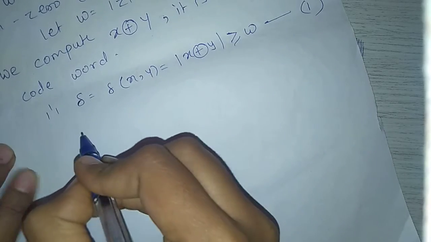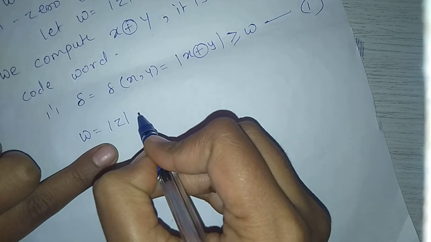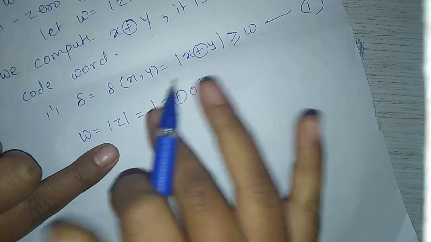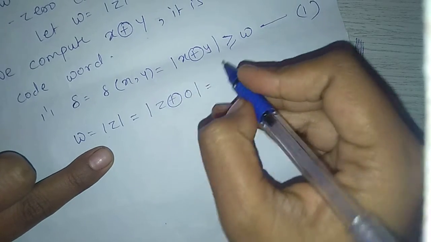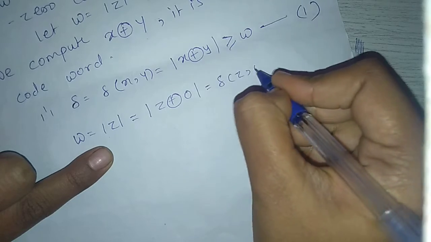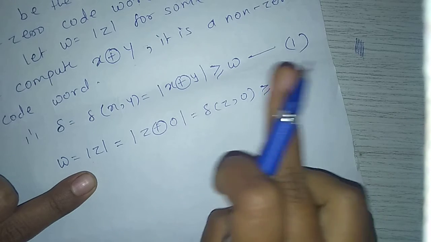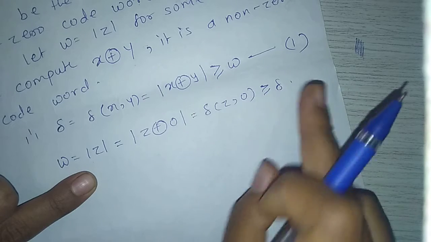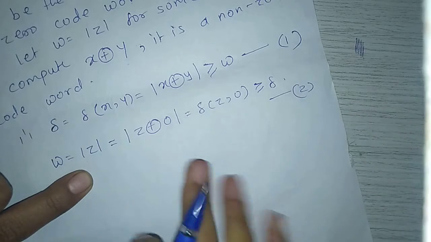On the other hand, w equal to mod z, means weight of z, which is equal to weight of z ring sum 0. Weight of z ring sum 0 is delta of z, 0, and delta of z, 0 is greater or equal to delta, because delta is the minimum. That means delta of z, 0 must be equal to delta or greater than delta. Give as equation number 2.